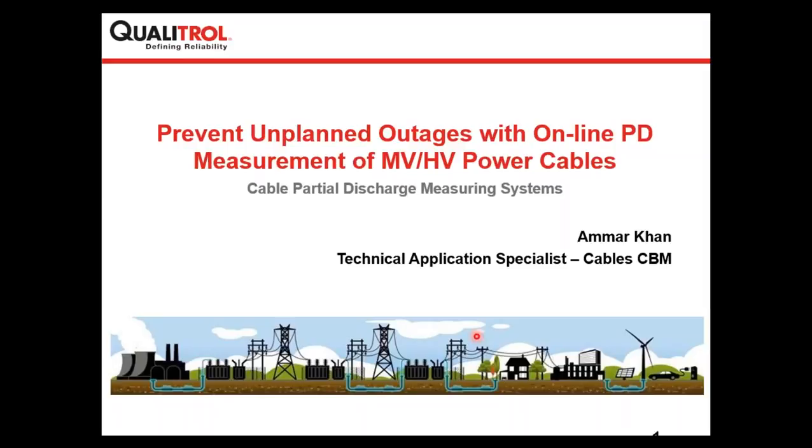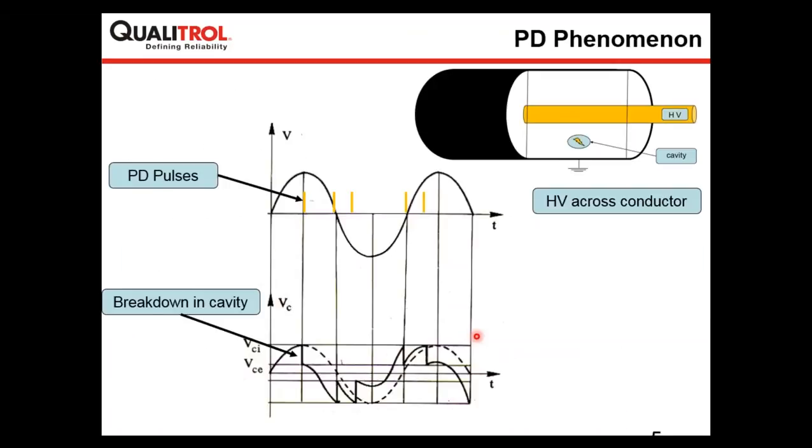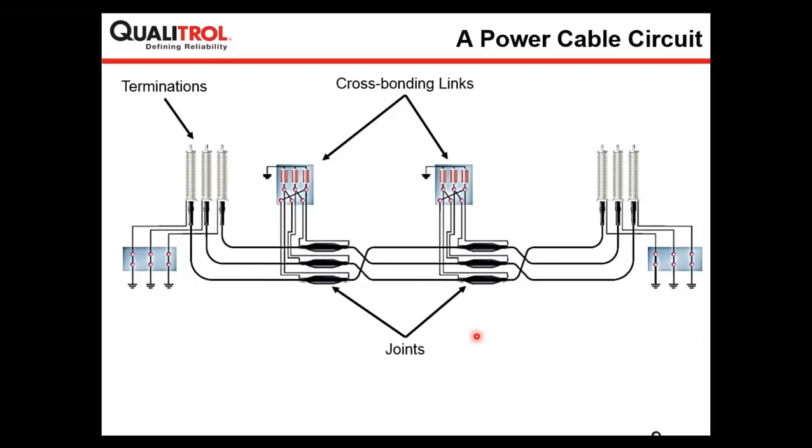Yes, as I mentioned earlier in our slides, if you have a single network where there are no T-joints and no middle grounding in the power cable network, you can accurately locate partial discharge by measuring partial discharges at the end of the power cable. For that, you need to know the exact cable length, and also the PD pulse propagation speed.